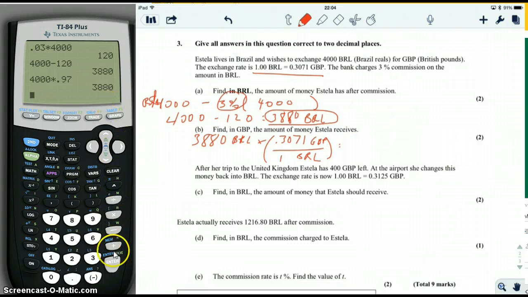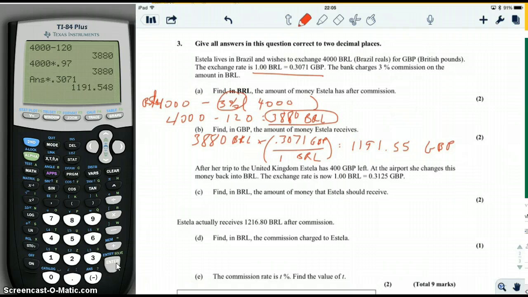And so we're going to multiply 3880 times 0.3071. And we get 1,191.55, just two decimal places for financial math, GBP. Okay?